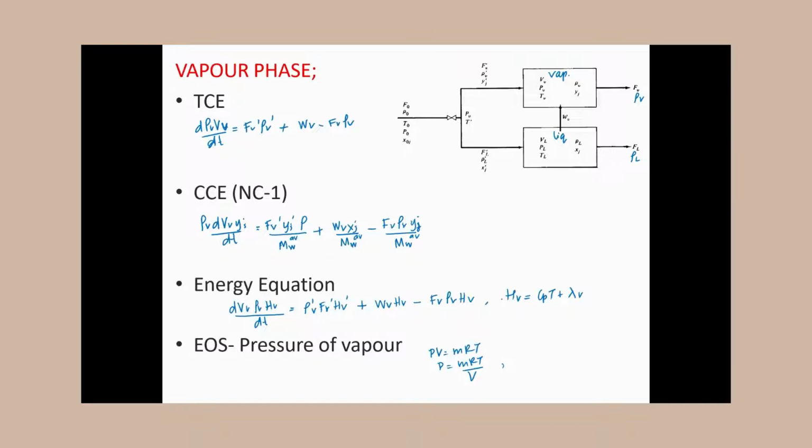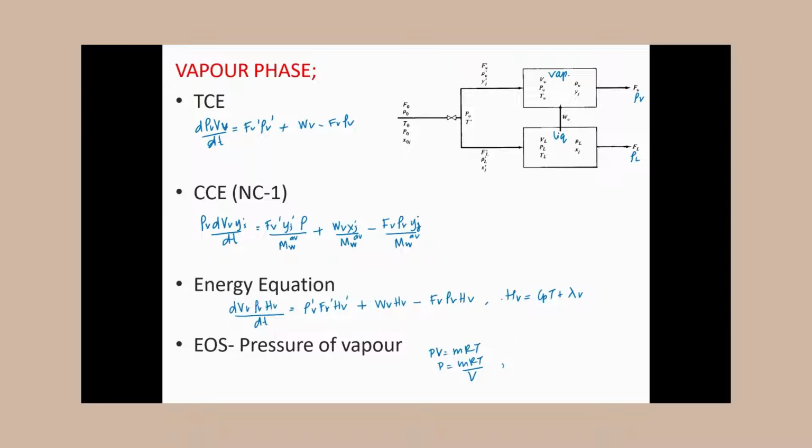Next is our CCE. First, rho V dV V yj over dt equal to FV prime yj prime rho V prime over mass weight average plus WV yj over mass weight average minus FV rho V yj over mass weight average.